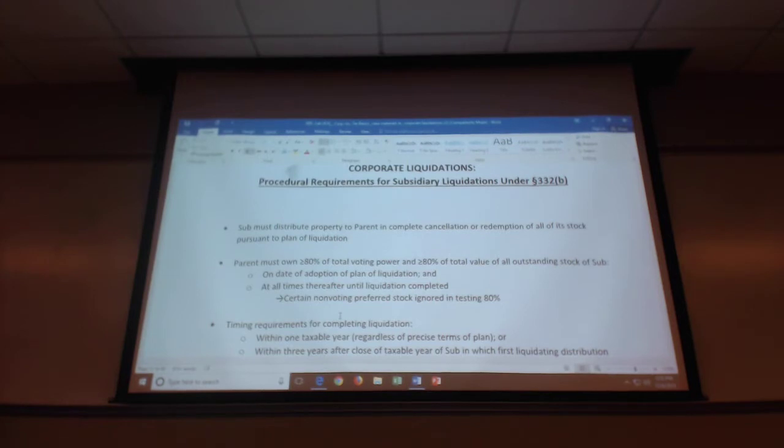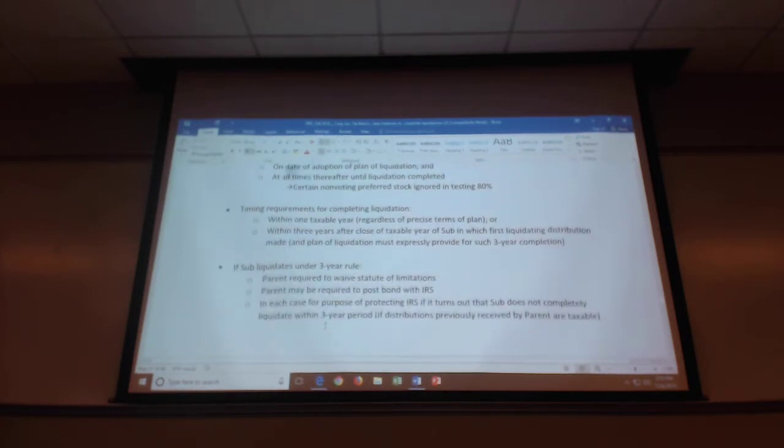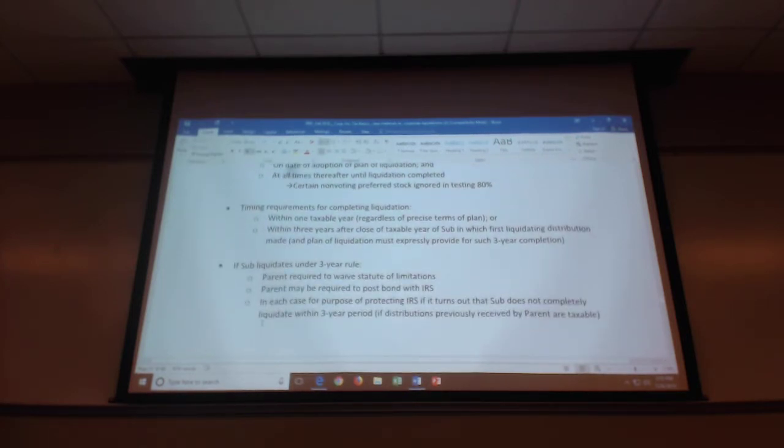But there have been situations where the IRS has said, no, wait a second, we see that you had documents while you were still only a 70% stockholder to try to come up with a plan of liquidation, which seems unfair in a way, but the rules are very mechanical. They're also mechanical in terms of this next bullet on the page, the timing requirements.